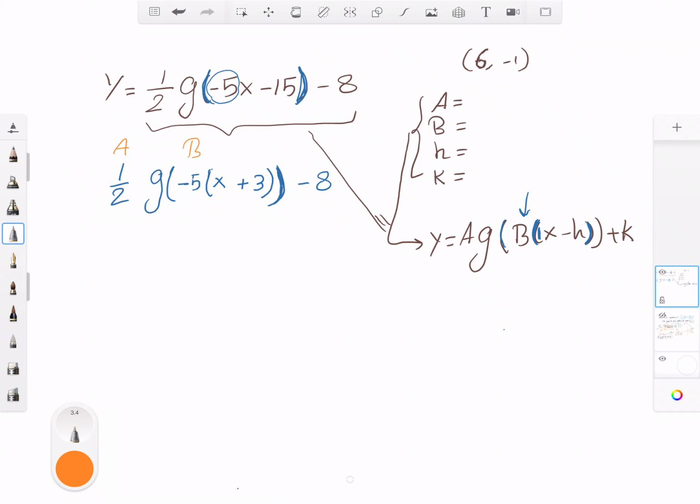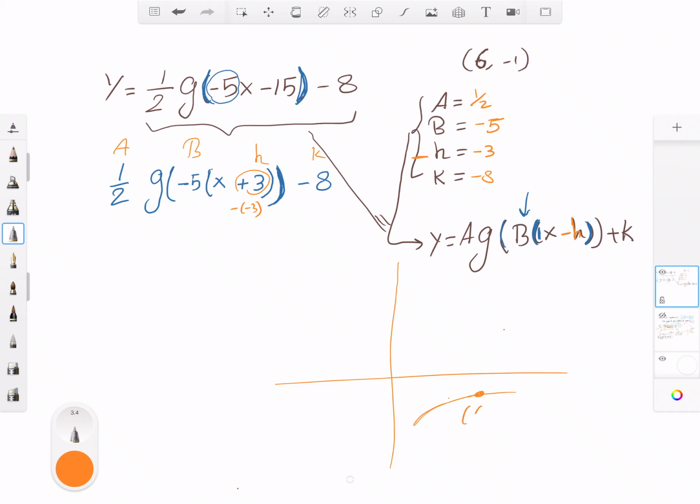So I think this is exactly the same as the formula. This is B, that's H, that's K. So A is 1/2, B is -5, H is -3, K is -8. This H here is positive, but the formula has minus h, so that means H is -3.